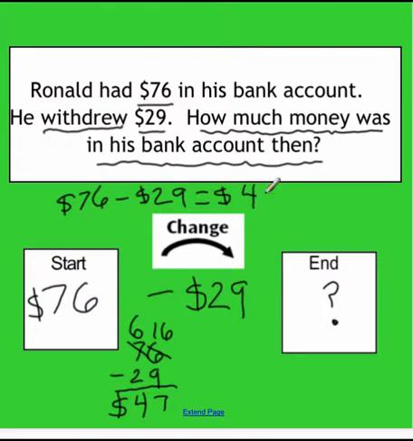I want to think to myself, does this answer make sense? Would it make sense that I have a small answer here of $47? Well, I'm starting with over $70, just taking away around 30. So to have an answer of around 47 would make sense. If I had made a mistake and put an answer of 470, I would know something isn't quite right here.